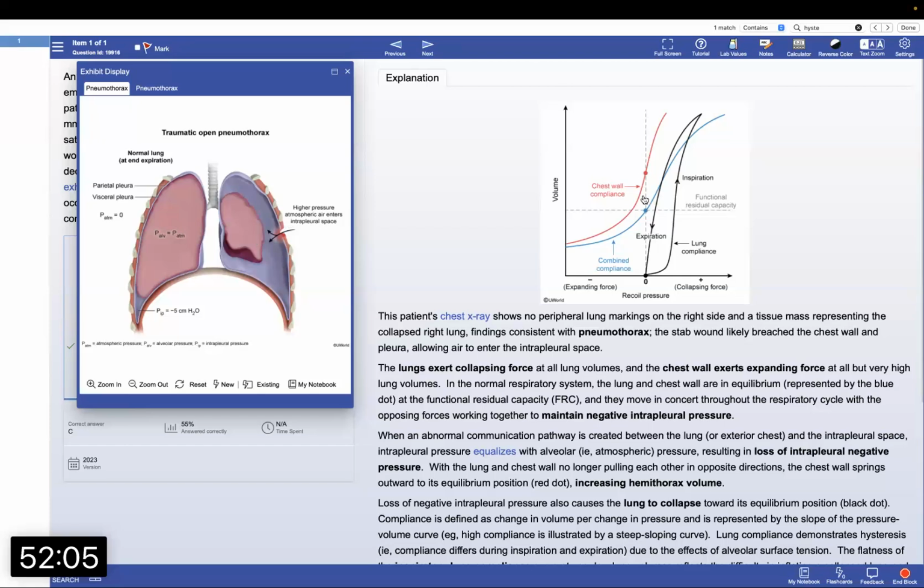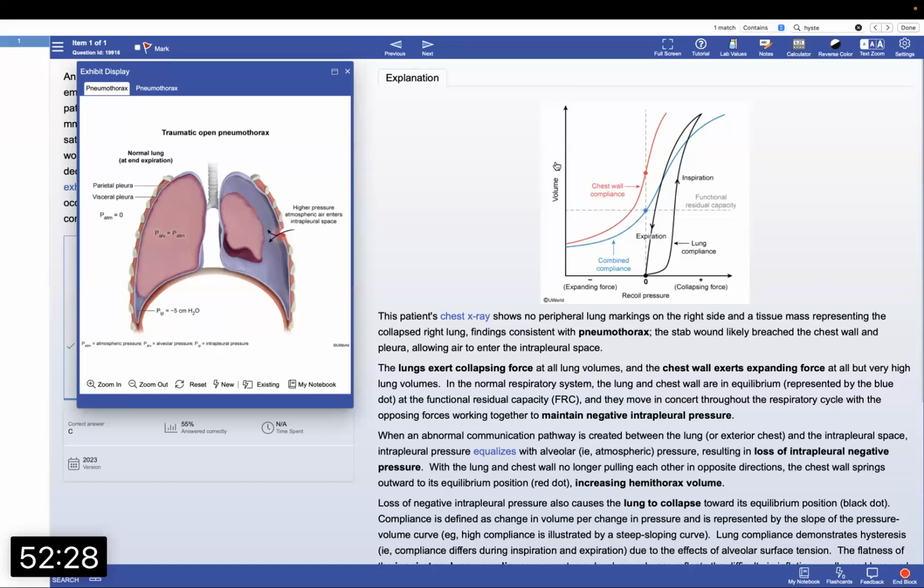So here chest wall, which was a negative force, became 0. So I think chest wall compliance went up. If you see the volume, if this is 0 or whatever number, volume went up because the cavity is having more volume now.